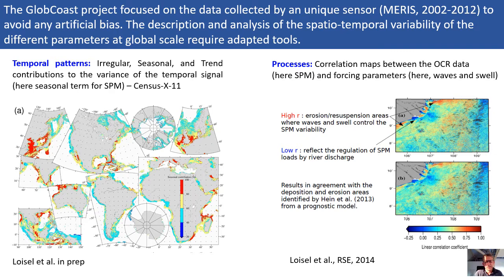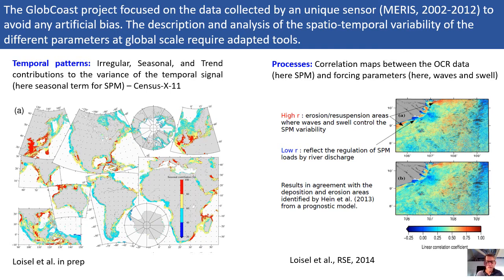For instance, the temporal patterns are analyzed using the Census X11 method, which allows the irregular, seasonal, and trend contributions to the variance of the temporal signal to be extracted.